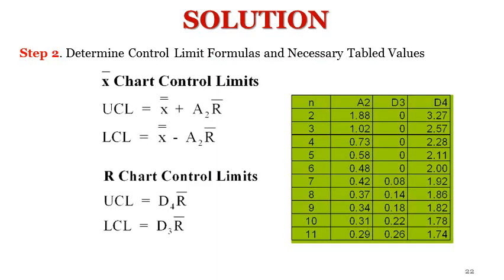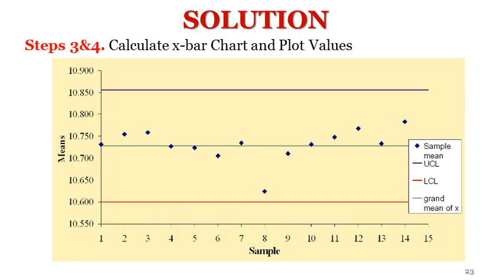Then we find the UCL and LCL from the table. Here also the sample size equals 5, not the sample number. So similarly we get the values of UCL and LCL and plot the X chart and R chart.